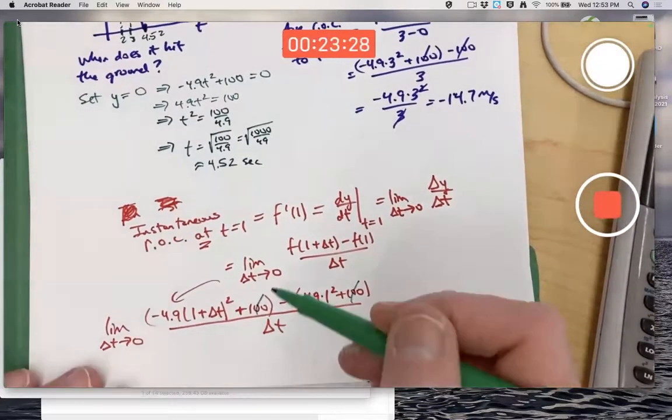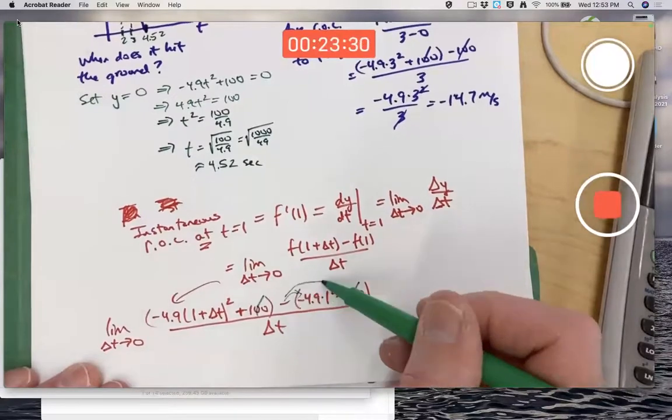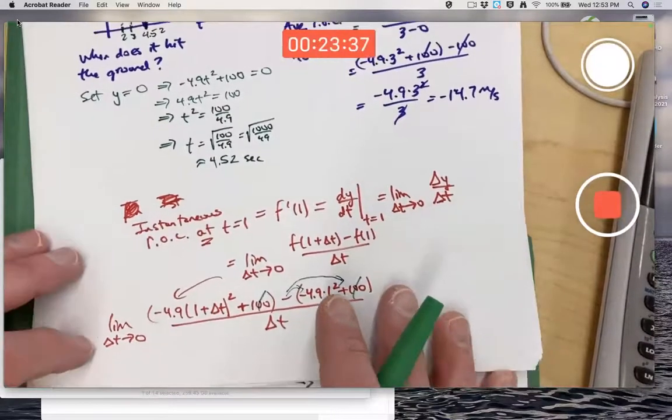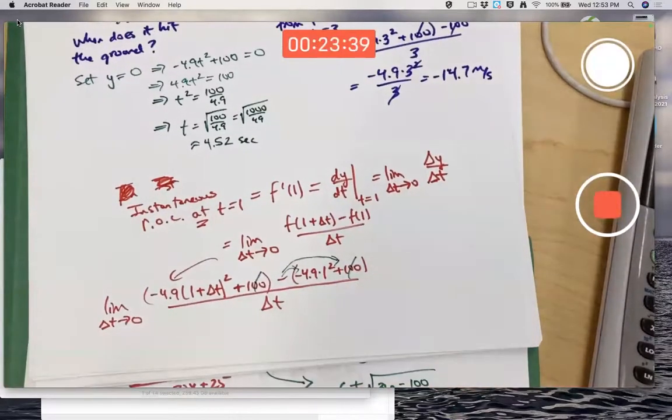You've got to distribute that minus sign through the parentheses here. You're really subtracting 100 ultimately. And actually, all of the terms that don't involve delta t will cancel.